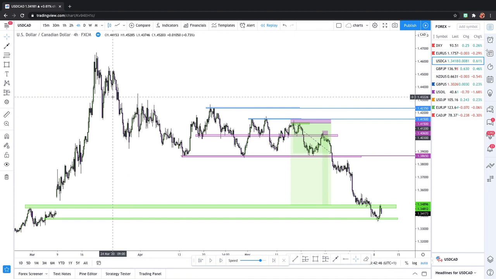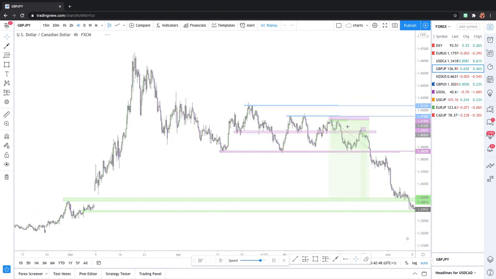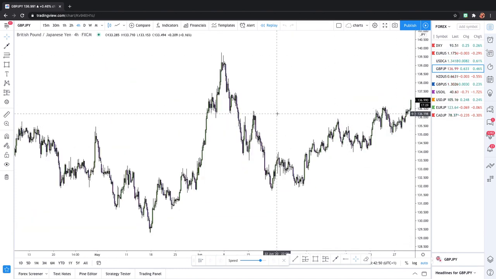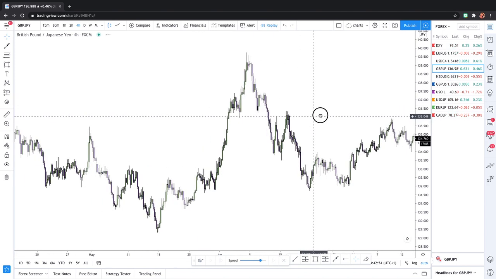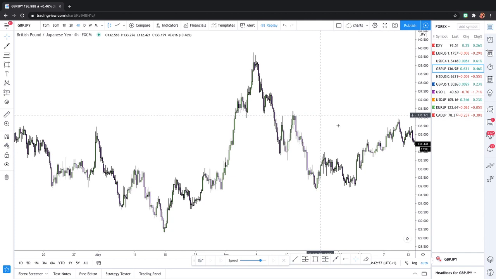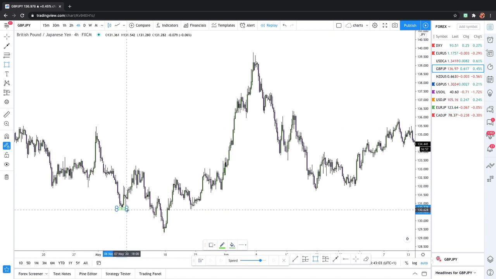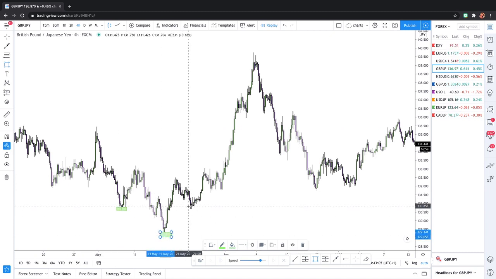Okay, so let's go over more patterns here. Okay, so right now this is easy to see. I can see an inverse head and shoulder pattern creating.